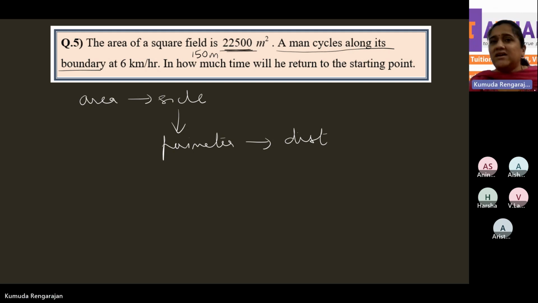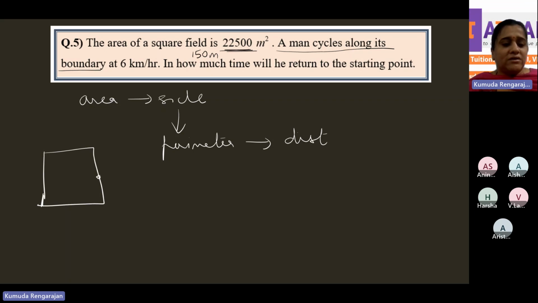He starts, makes 1 round and comes back to the starting point. He might have started from anywhere on the field. Maybe he started from here, cycles like this, and comes back to the starting point here. So he's covered the perimeter of the square field, and that is the distance covered by him.